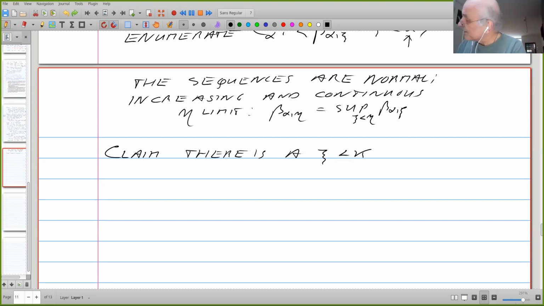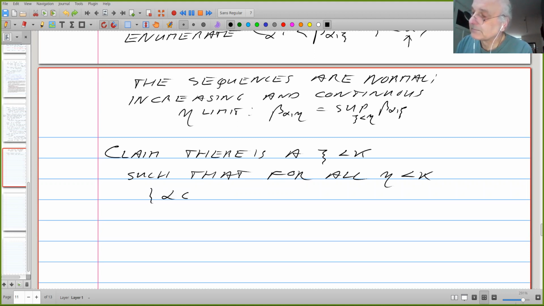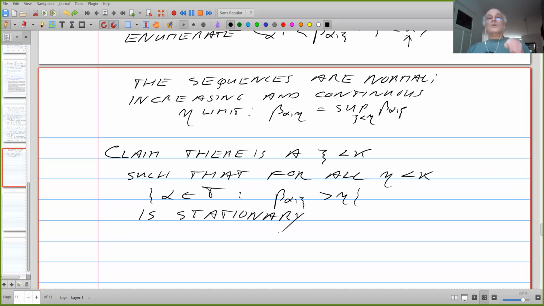So there is a psi less than kappa such that we do the same, we get the same conclusion as in the first steps.